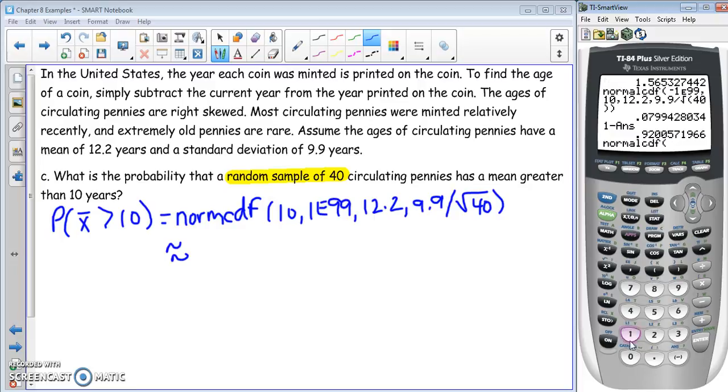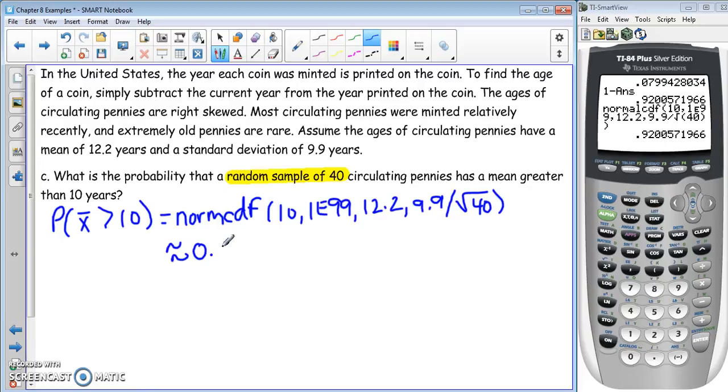So normal CDF 10, comma 1E99, comma 12.2, comma 9.9 divided by the square root of 40, close parenthesis to end the square root, close parenthesis to end normal CDF, and enter. We get 0.9201.